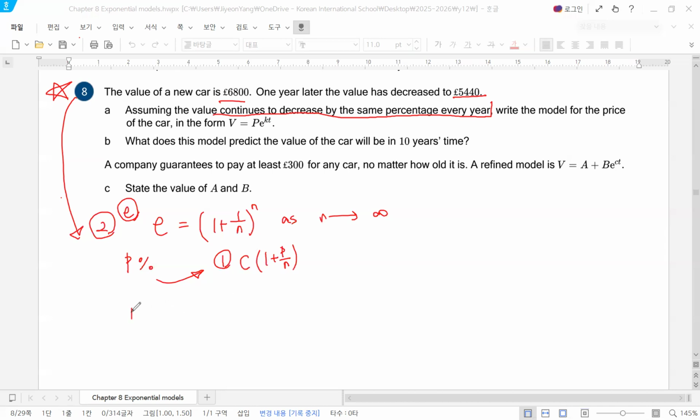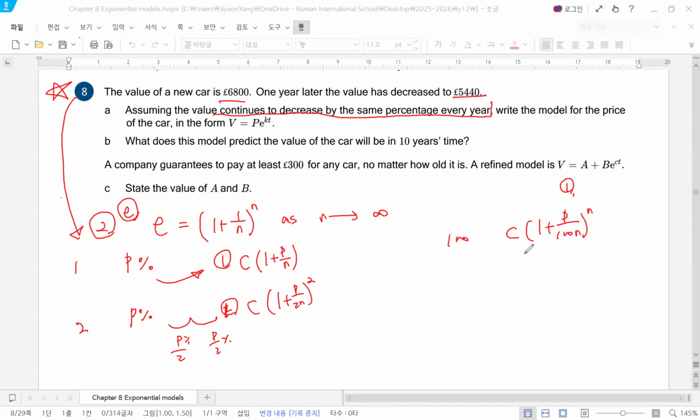And if we give interest twice a year, each time we put P over 2% of interest. In this case, after 1 year, it's going to be 1 plus P over 2, to the power of 2. Once a year, twice a year, and 100 times per year, it's going to be 1 plus P over 100, to the power of 100 after a year, right? After a year.